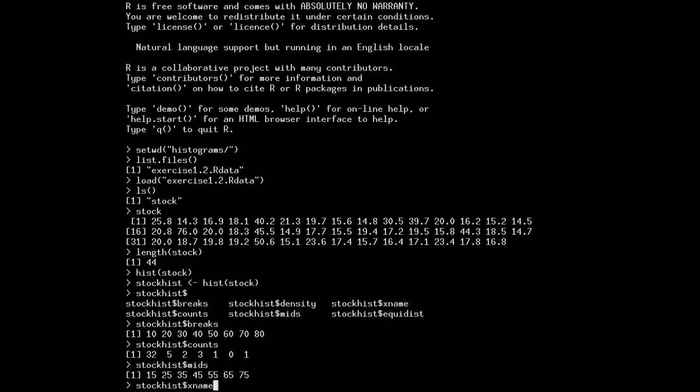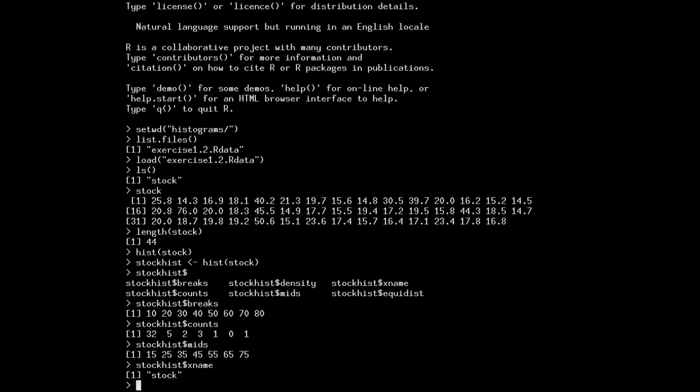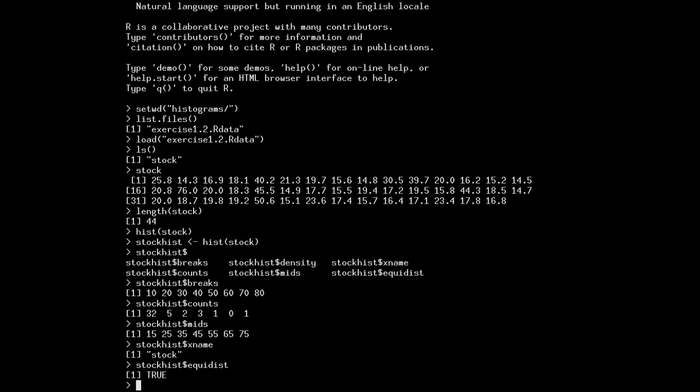Xname is the variable that we used to draw the histogram itself. So that's the data set that we used to draw it. Equidist is a variable that tells us that each one of our bins was going to be of equal size. So how far apart those things were, equal distance between them?